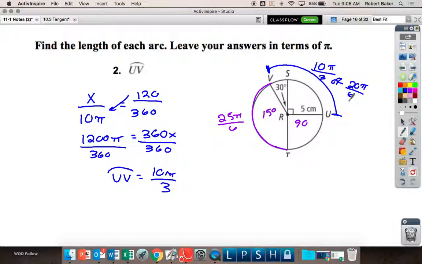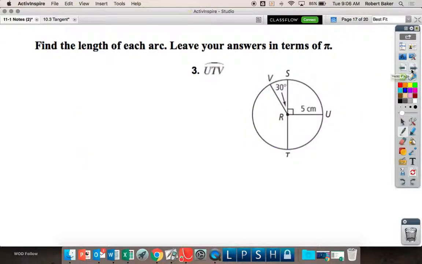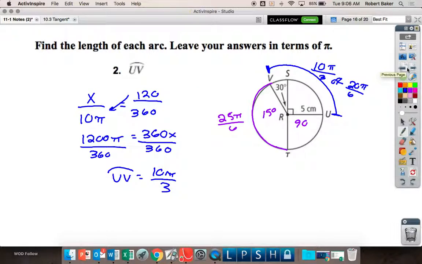So if I wanted to math a little bit, the whole circle is 10 pi's, or the whole circle is 60 pi over 6. That's the same thing as 10.